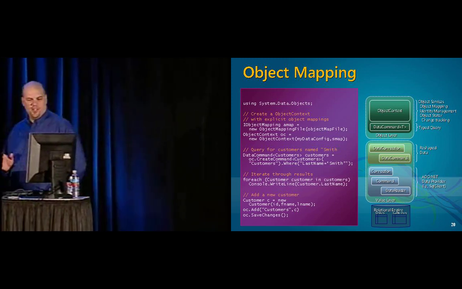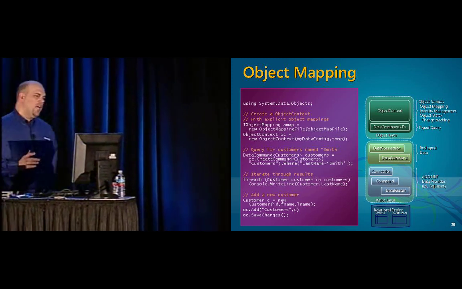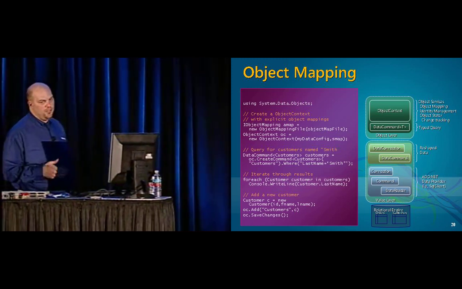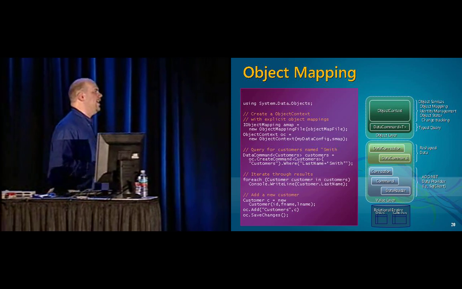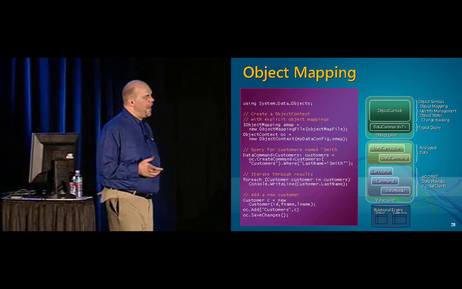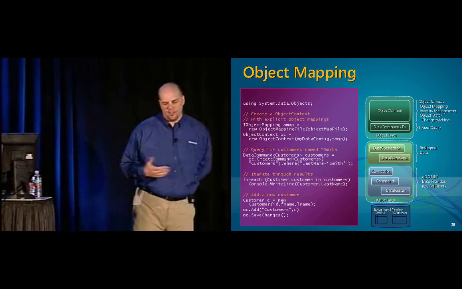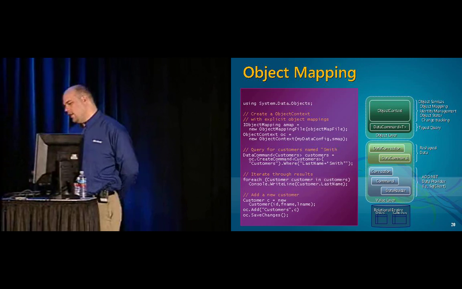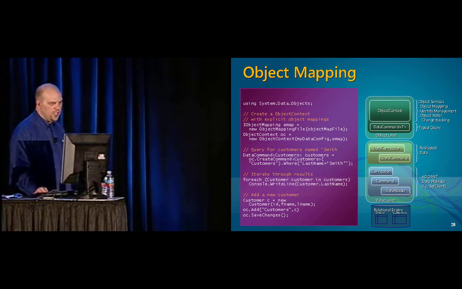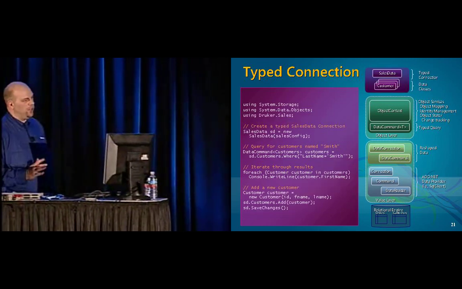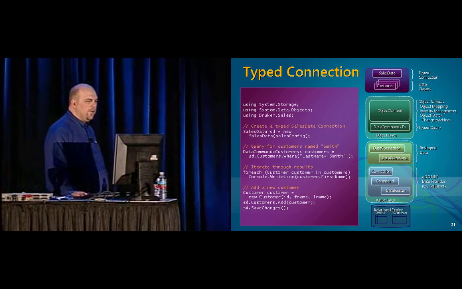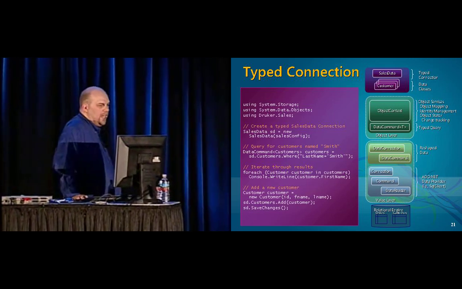Now, there are a couple things that are not great about this example. One of them is that you still have to know that these customer objects are going to go in some container named customers, and you have the opportunity to give that as a string, and you can still mistype that and get that wrong, and you wouldn't find out about it until execution. So we have a little bit of sugar that we recommend for using this. And here we're going to create this sales data connection.